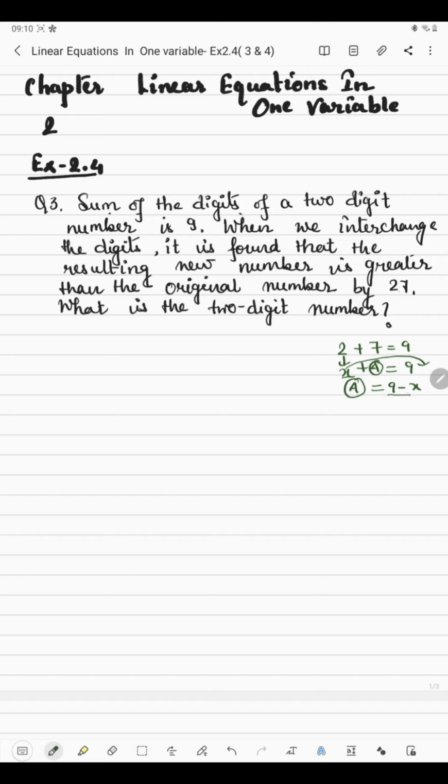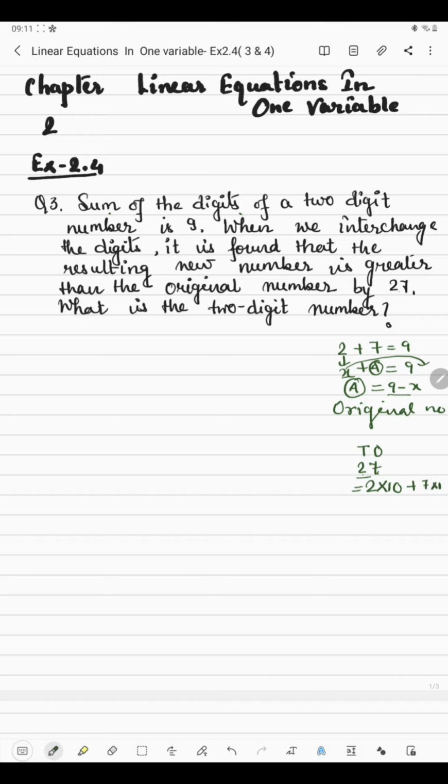Now when we interchange the digits, it is found that the resulting new number is greater than the original number. At first we will have to write the original number. Here we have got two numbers, x and 9 minus x. Suppose for 27, 7 is in 1's place and 2 is in 10's place. Then we write 2 into 10, and 7 into 1.